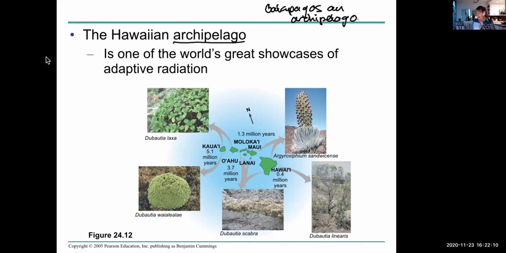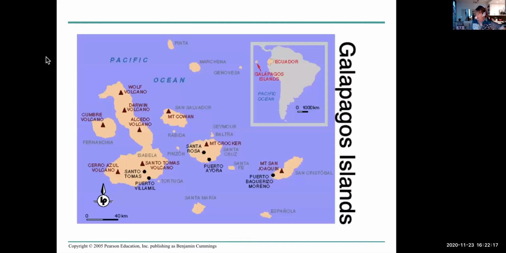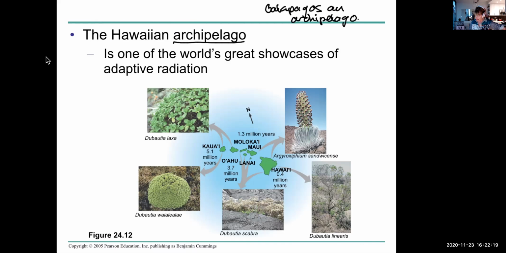So how Hawaii and the Galapagos formed is that there is what's known as a hot spot from the ocean floor, volcanic hotspot, volcanic action. And the volcanic action forms an island, crust pushed up through the water, and then the plate moves.